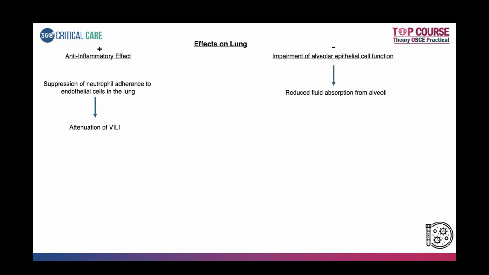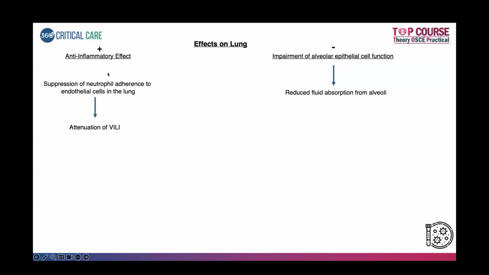So first coming to the effects on the lung, I have mentioned a plus sign over here and a minus sign over here. The plus sign means it has a positive effect, and the minus sign indicates it has a negative effect. With relation to hypercapnic effects on the lung, it has a positive effect in relation to its anti-inflammatory effect.